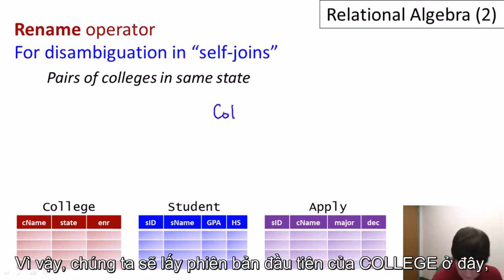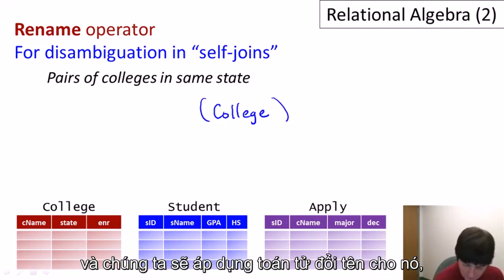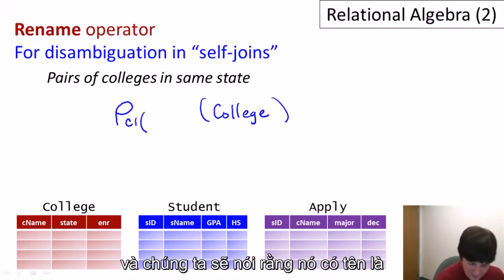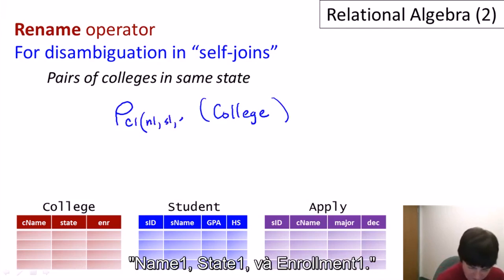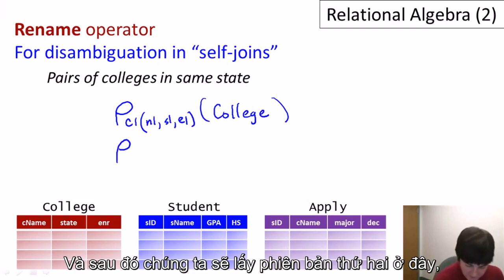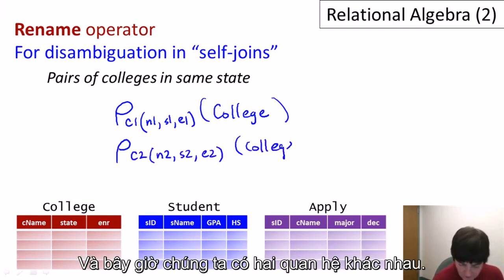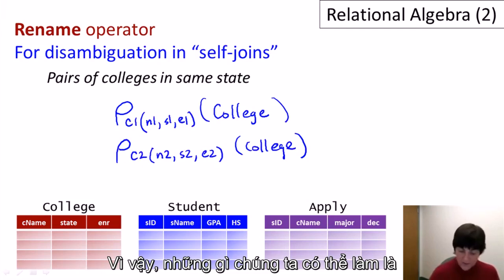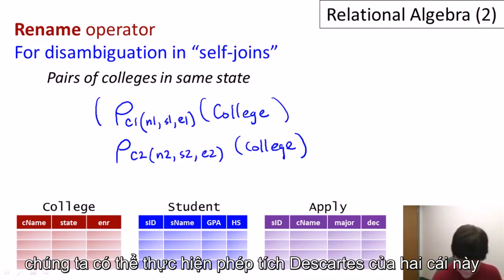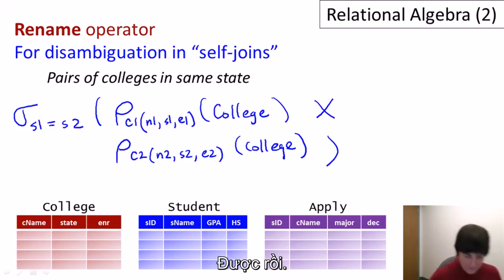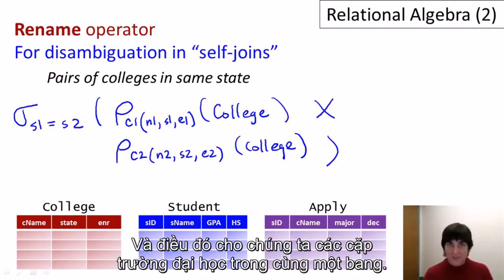We're going to take the first instance of college here, and apply a rename operator to that, and we'll call it C1, with name 1, state 1, and enrollment 1. And then we'll take the second instance here, we'll call it C2, with N2, S2, E2 of college. And now we have two different relations. So we can take the cross product of those two, and then we can select where S1 equals S2. And that gives us pairs of colleges in the same state.